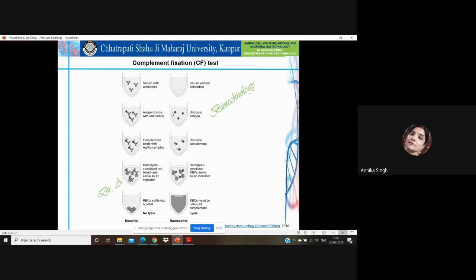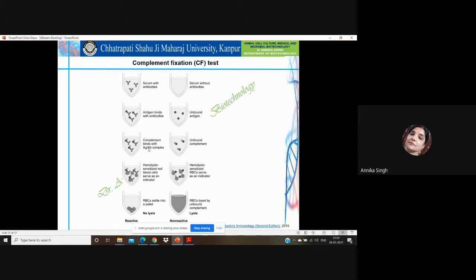But if that does not happen, then in the last step, as you can see in this figure, we add sheep red blood cells along with the anti-sheep RBC antibodies to the serum. What happens if the specific antibodies which have to be diagnosed are present?